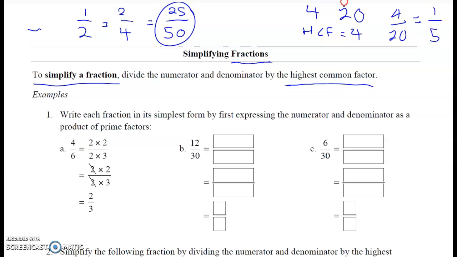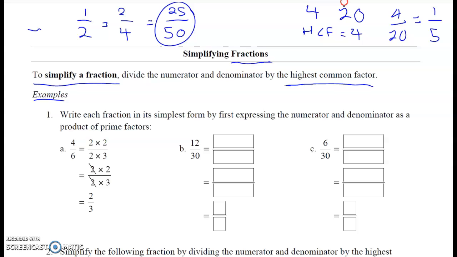Alright, so let's have a look at some examples. Write each fraction in its simplest form by first expressing the numerator and denominator as a product of prime factors. Another of the skills that we learnt last topic was to write numbers as a product of prime factors. And by doing that, we can then cancel down to get our simplest fraction.